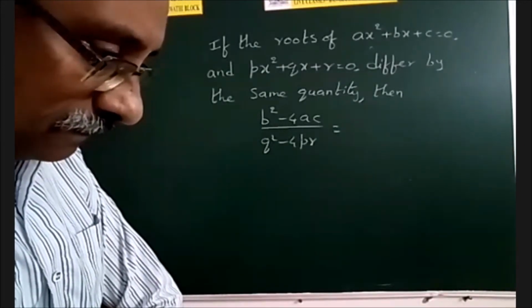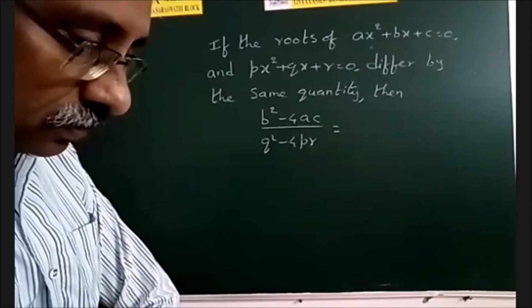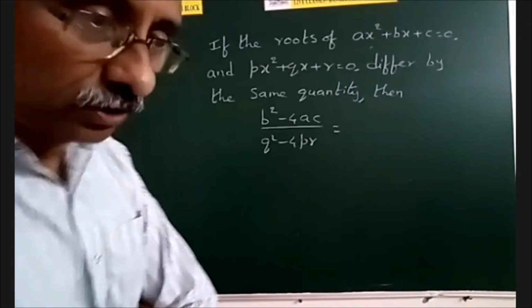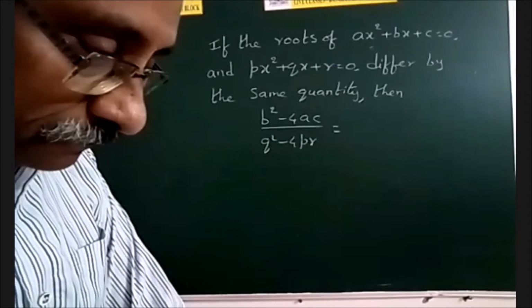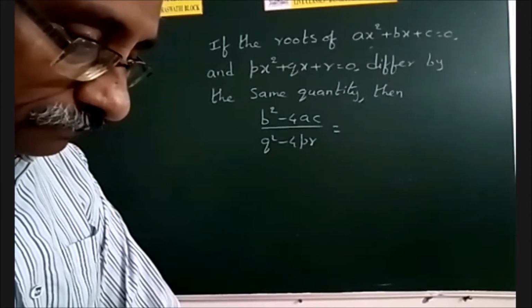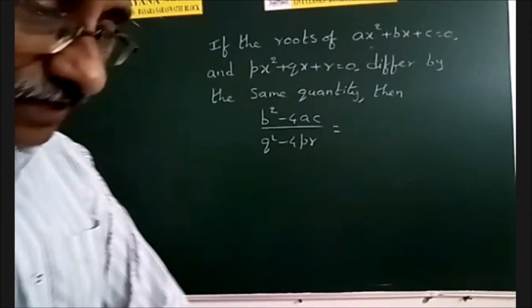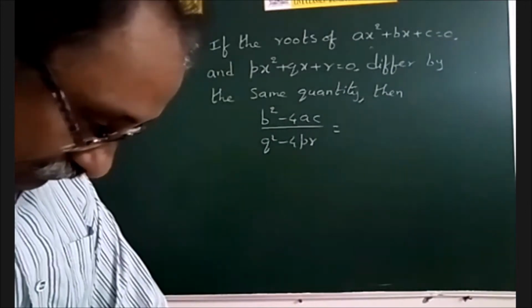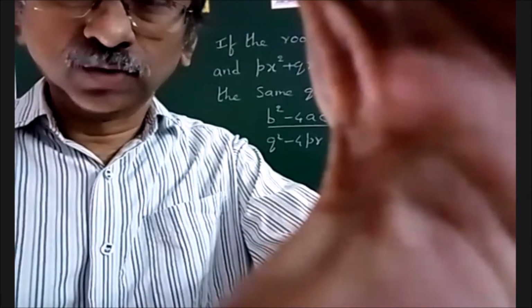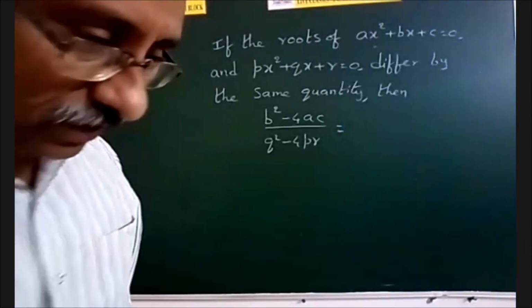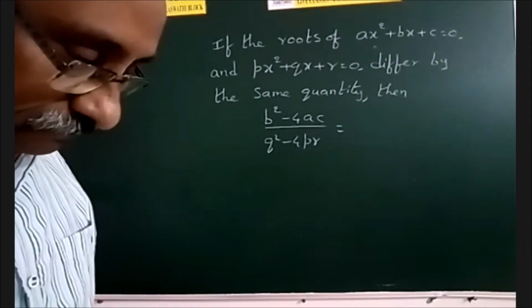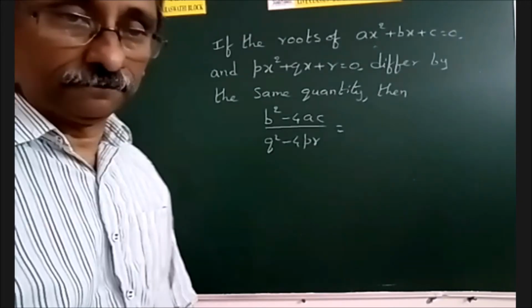I'll tell you how to do it. Sir, can I show you? Q is equal to 12 by 7. How you got that? Can I show you on the camera, sir? Wait, your voice is very low. Right, now tell me. Sir, can you hear me now? Okay.